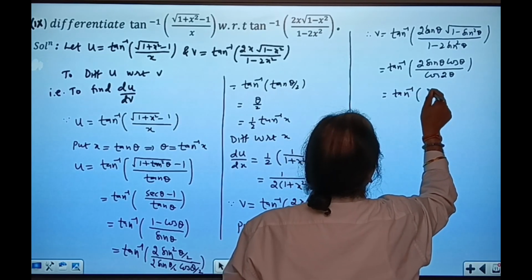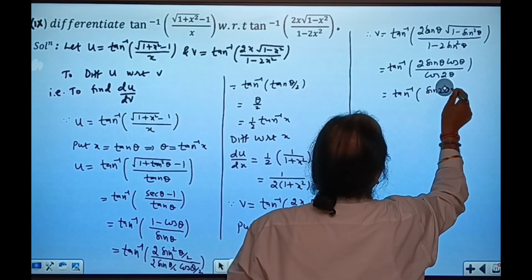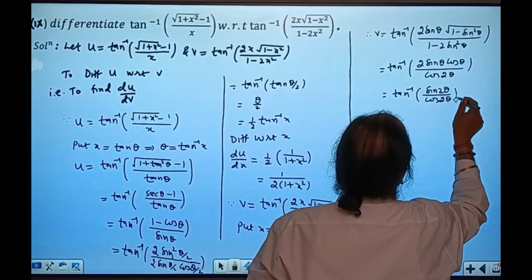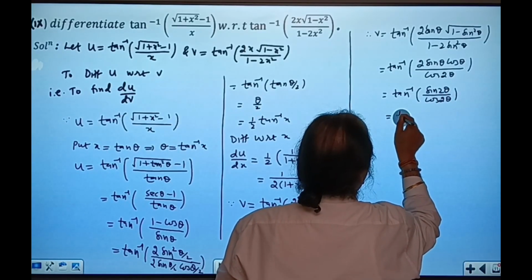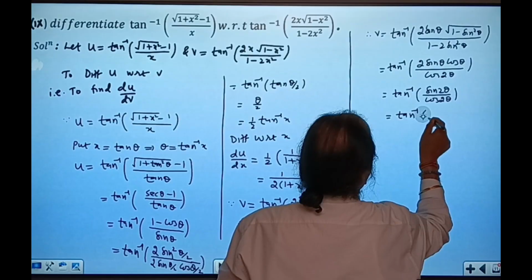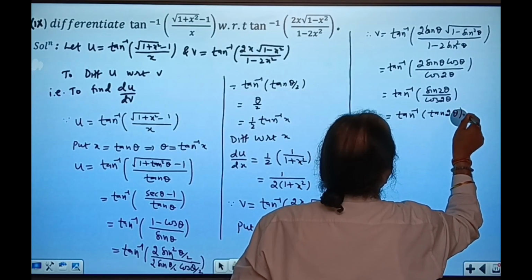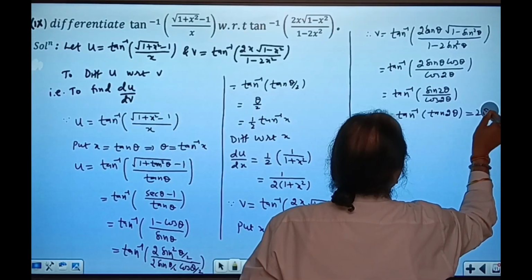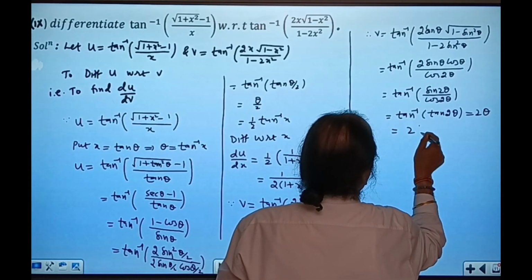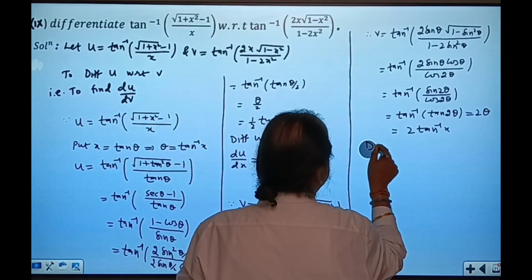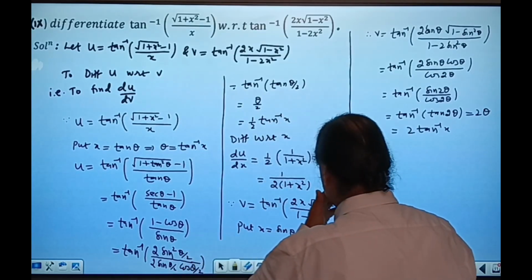Tan inverse sine 2 theta upon cos 2 theta, tan inverse tan 2 theta will give you 2 theta, that is 2 sine inverse x.